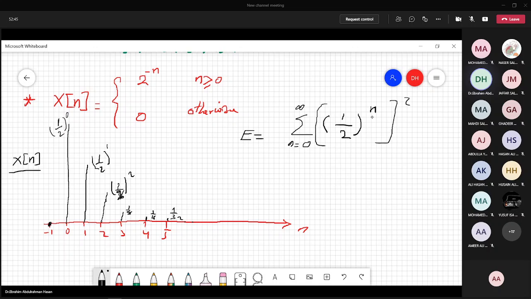So 2, then I can put it here and remove it from here. So this 2, I can put it here also. So then it is equal to 1/4.